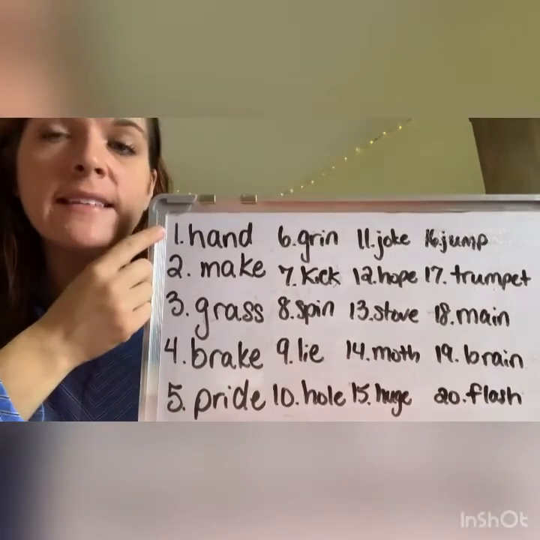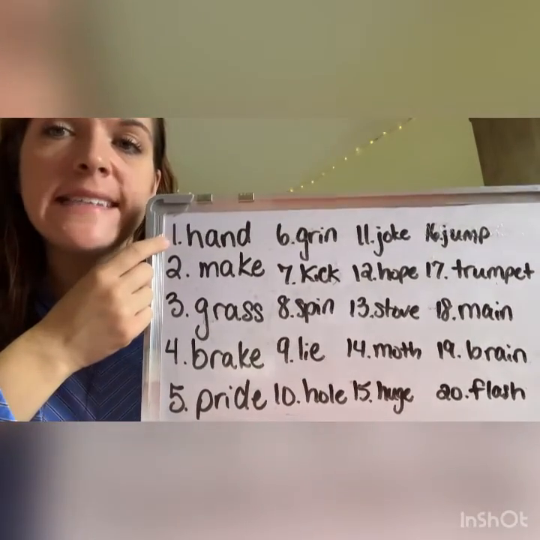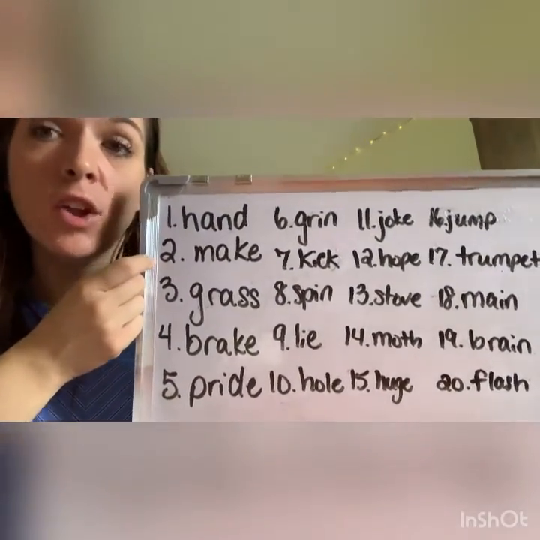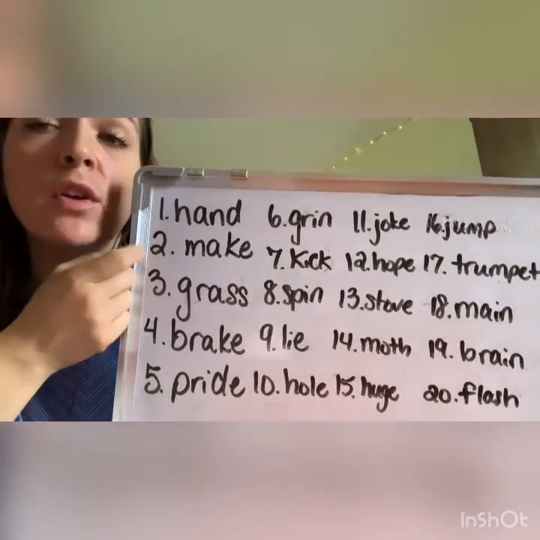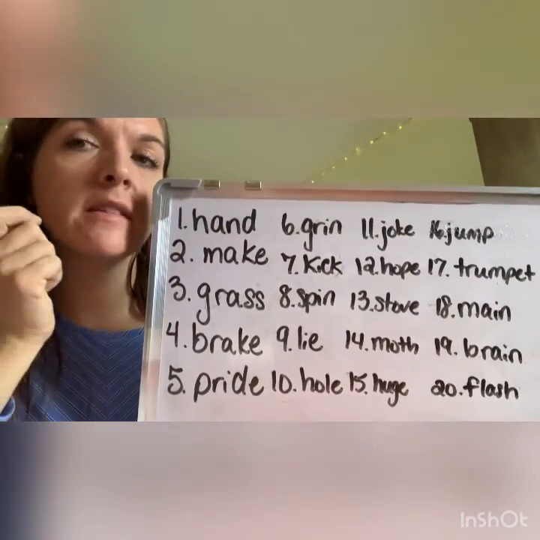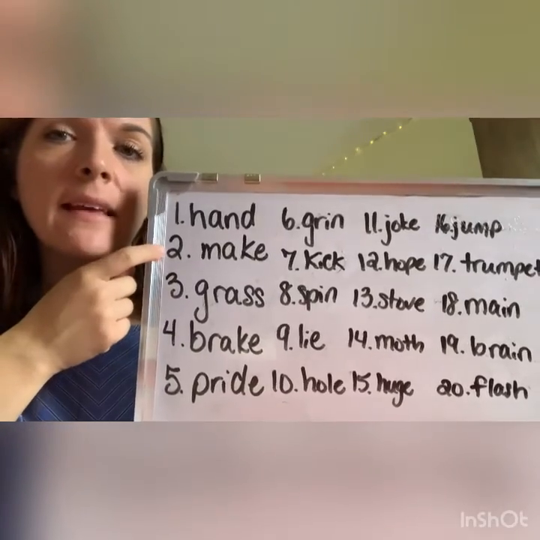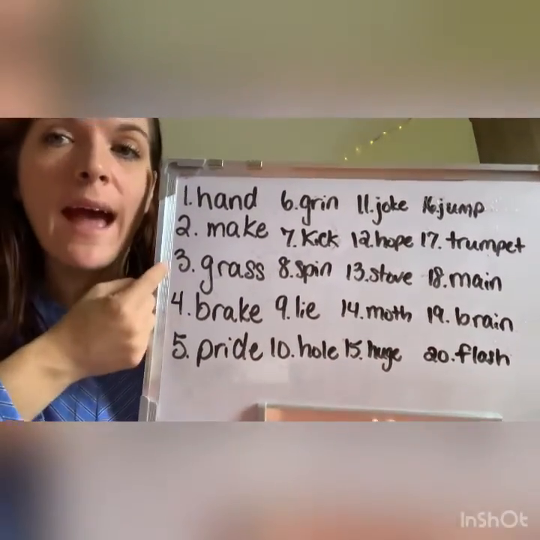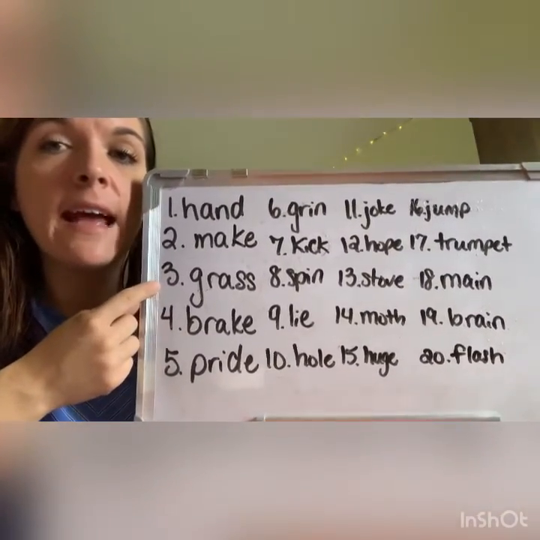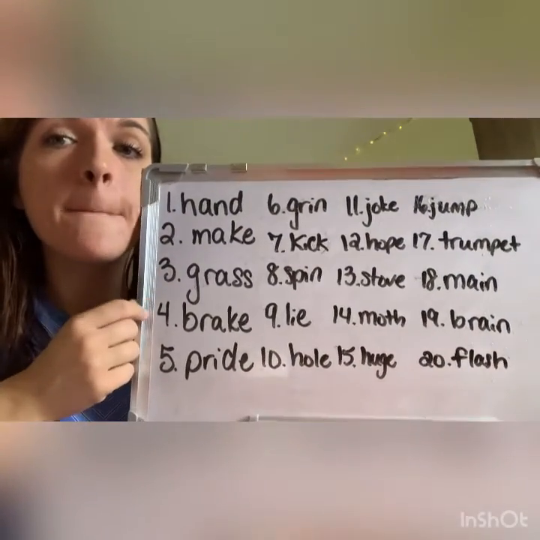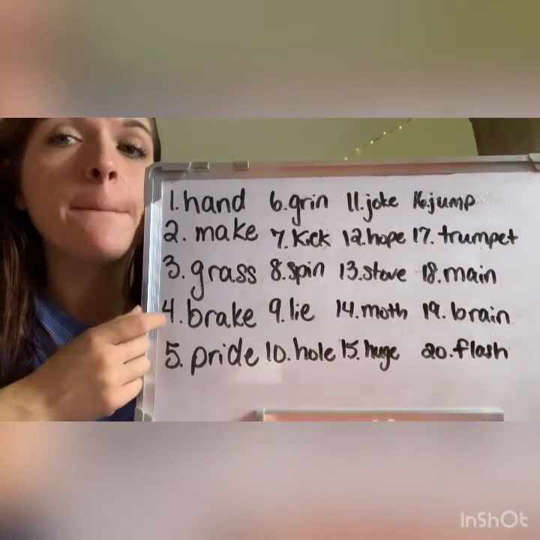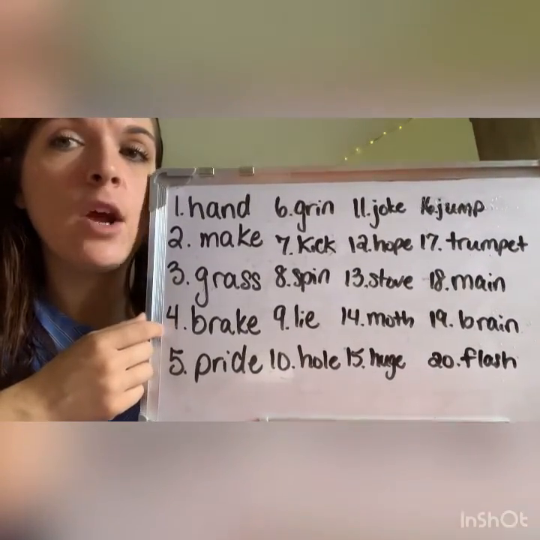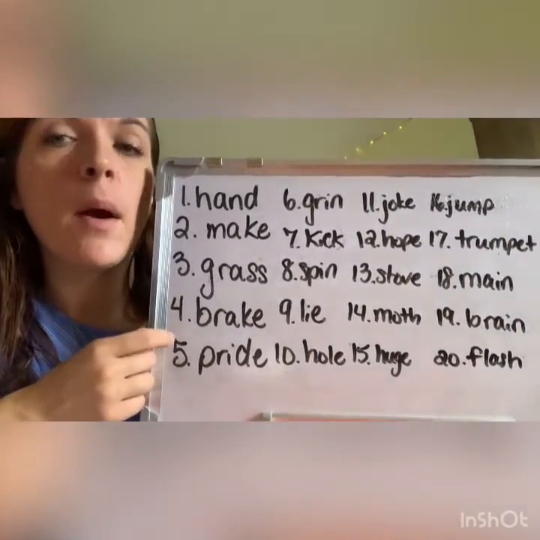Here we go. Hand. H-A-N-D. Hand. Look up here too, okay, because it's good for you to visualize and hear how the word is spelled. 2, make. M-A-K-E, make. 3, grass. G-R-A-S-S, grass. 4, break. B-R-A-K-E, break. 5, pride.